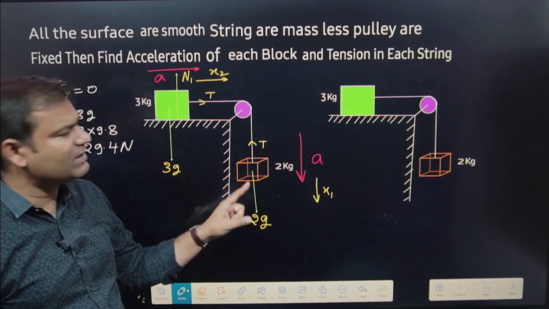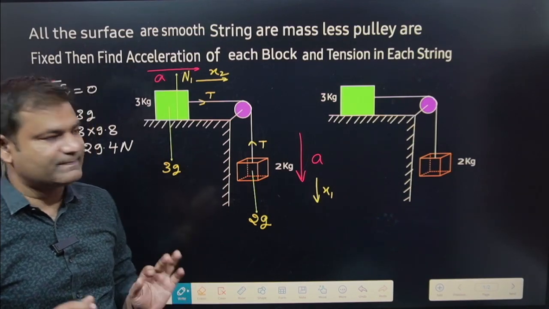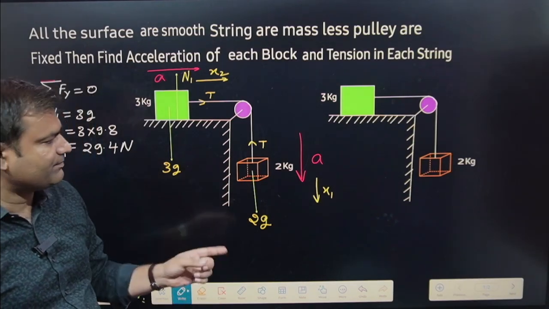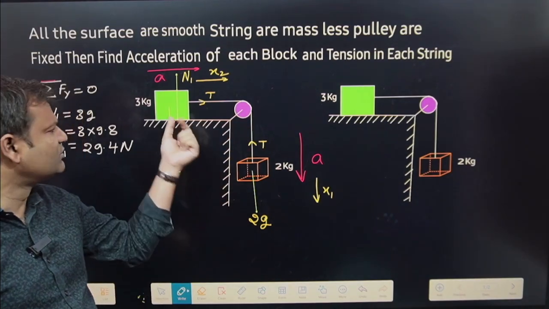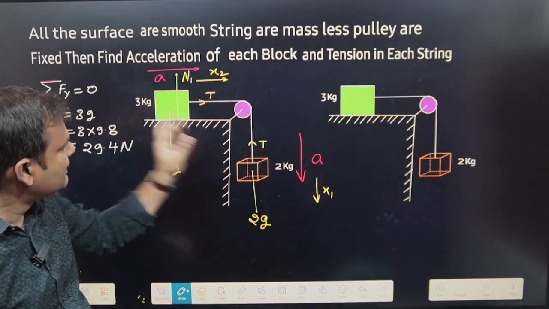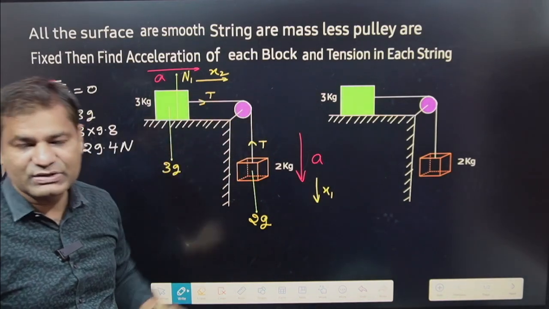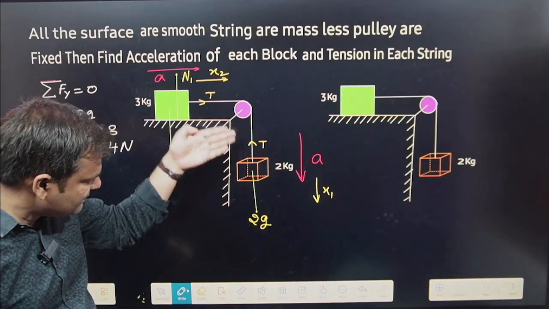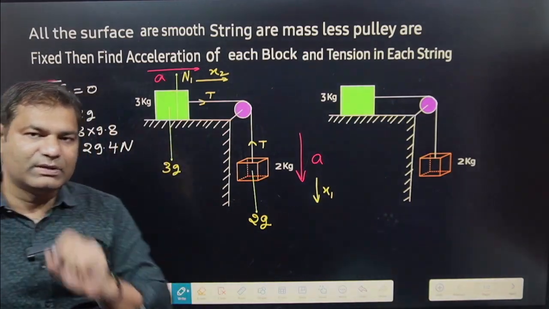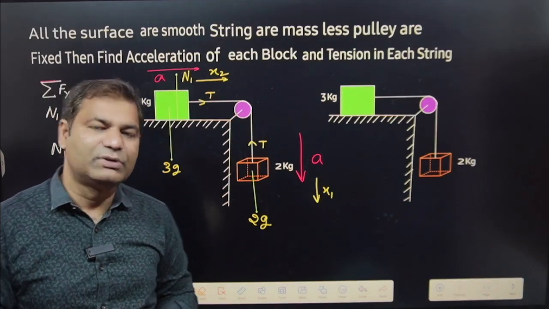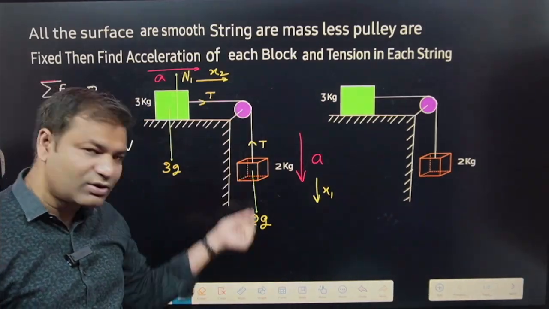Our target is to determine acceleration and tension, so we focus on one by one. Now, the surface here is smooth, so this block goes downward and then that one goes in this direction. Which force is responsible for this block going downward?